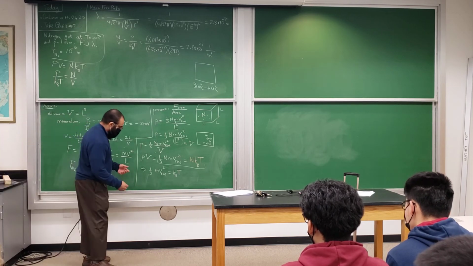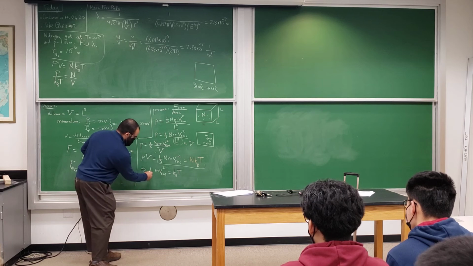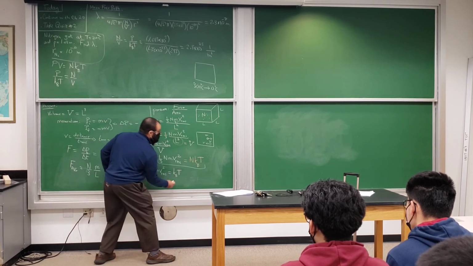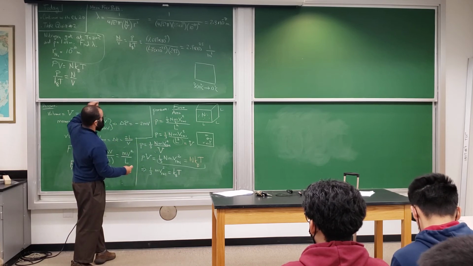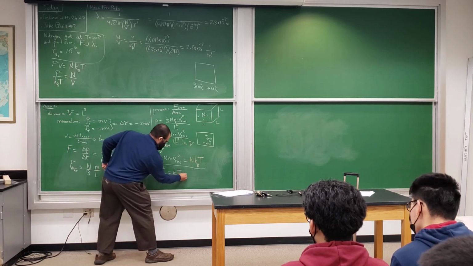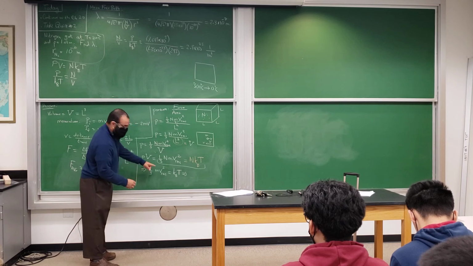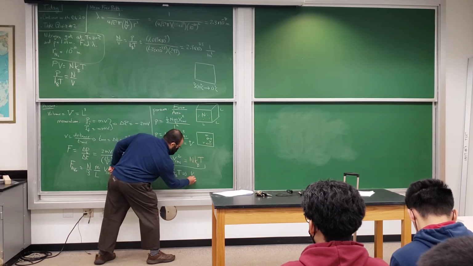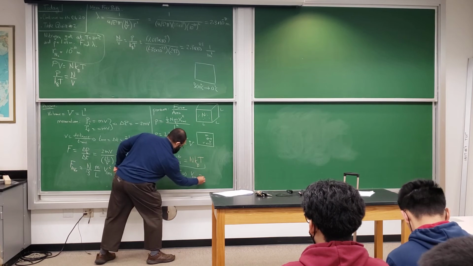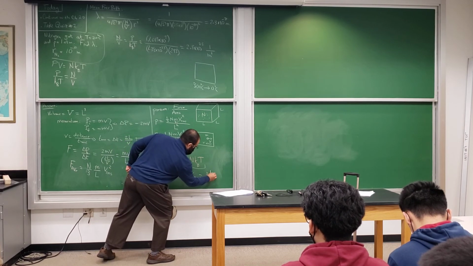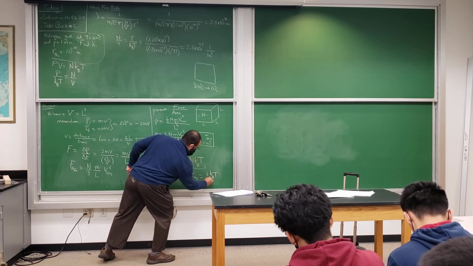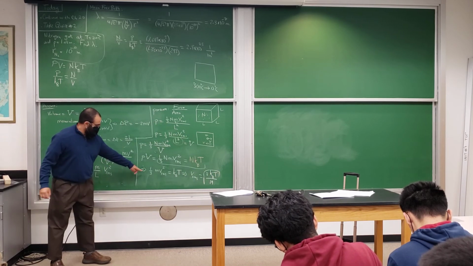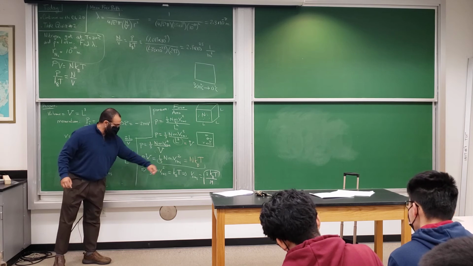And by the way, I'm going to solve for V_RMS just to get that out of the way. V_RMS is equal to the square root of 3 k_B T over the mass, right? Multiply both sides by 3, divide by m, and take the square root.